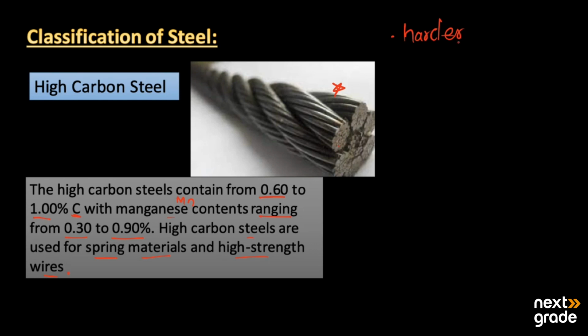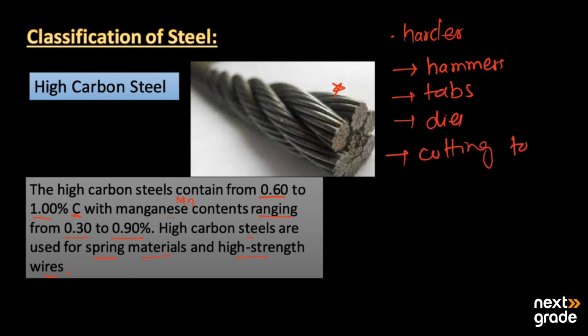This steel is used for making hammers, taps, and dies, and for the preparation of cutting tools, as well as machine tools that need too much strength.